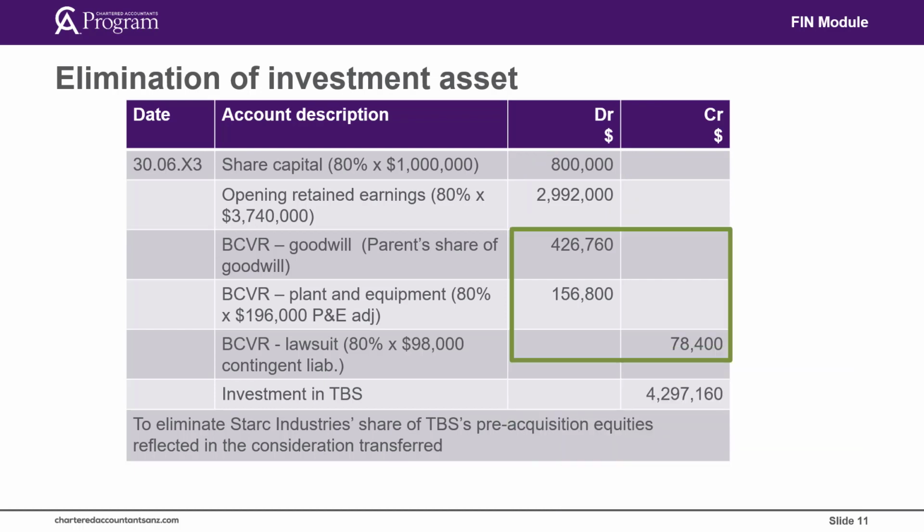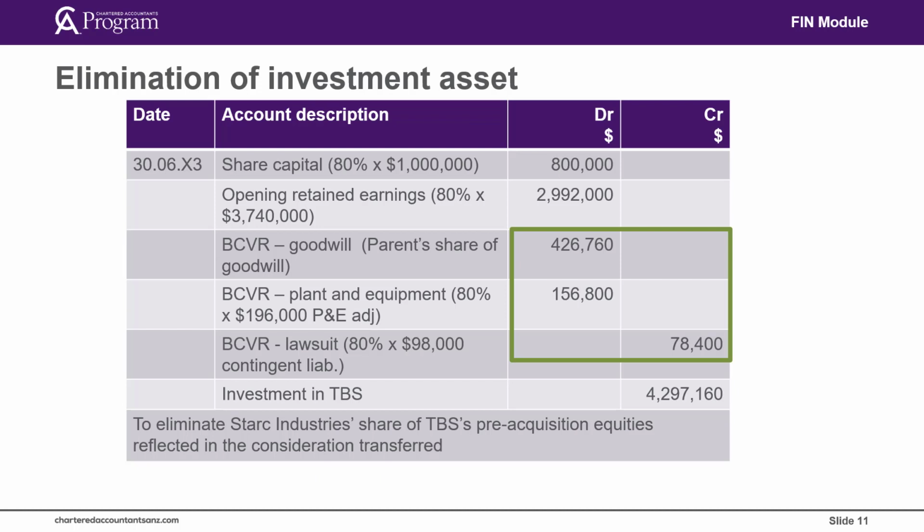Looking at the remaining debits and credits in this entry, you will notice that they are all made to the BCVR suspense account. Some of the earlier consolidation entries were debiting and crediting asset and liability accounts, but they also impacted the BCVR account. Let's start to clear this BCVR suspense account. We eliminate from the BCVR account the parent's share of the goodwill.